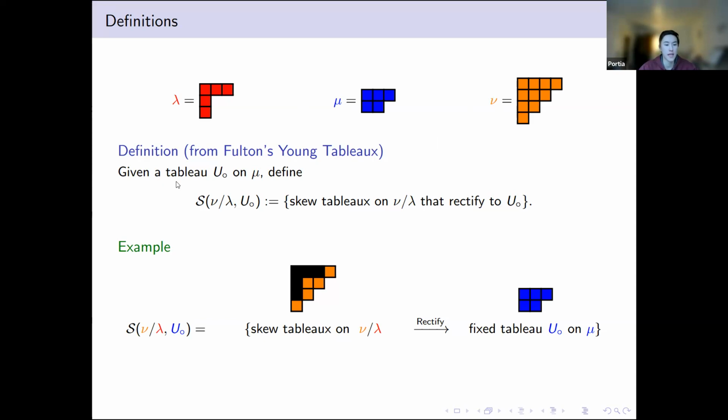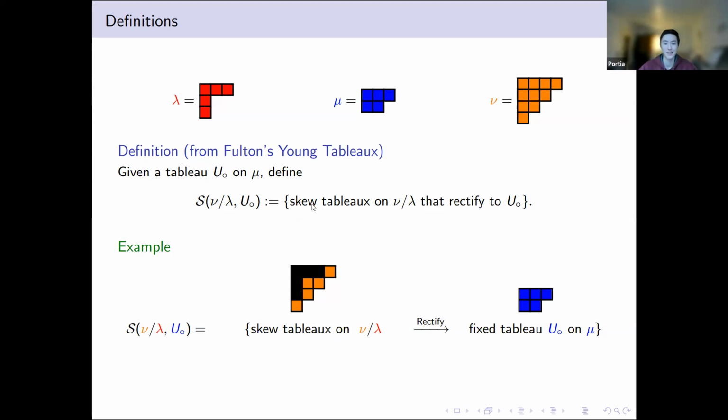Okay, so let's take any given tableau U on the shape mu, and we define this set, math cal S, of nu mod lambda comma U naught.